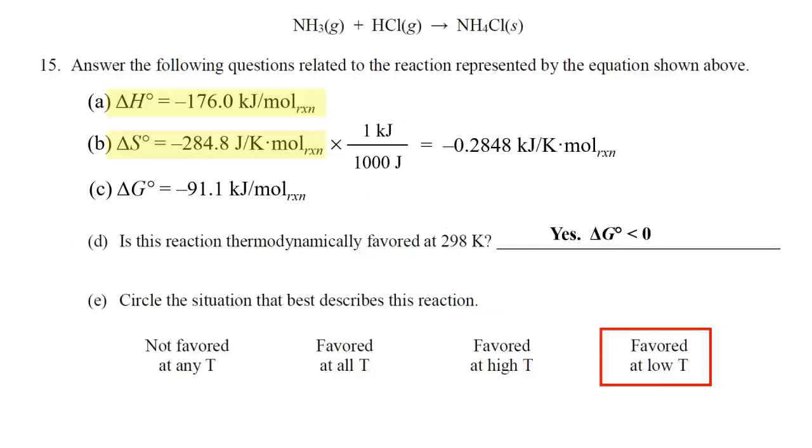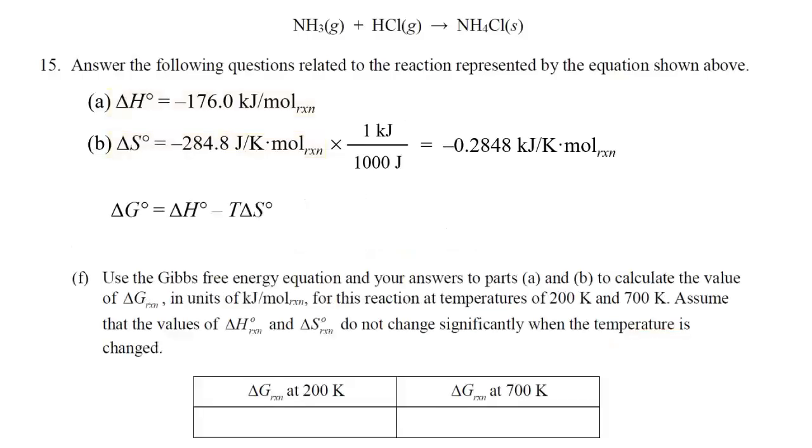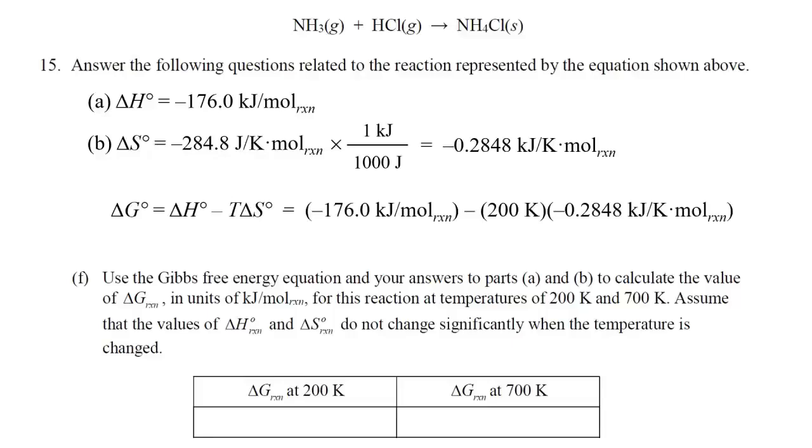So moving on to part F of this question, let's calculate the delta G at temperatures of 200 kelvins and 700 kelvins and see what happens. So we're assuming that the values of delta H and delta S do not change significantly when the temperature is changed.